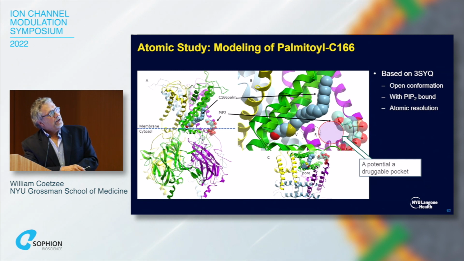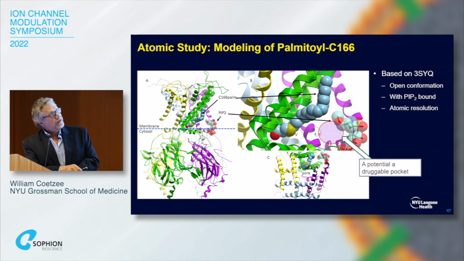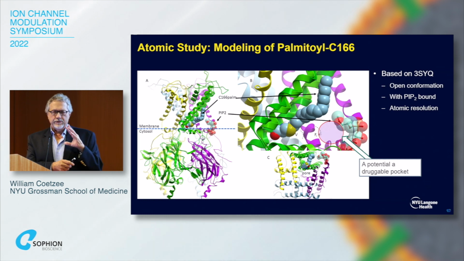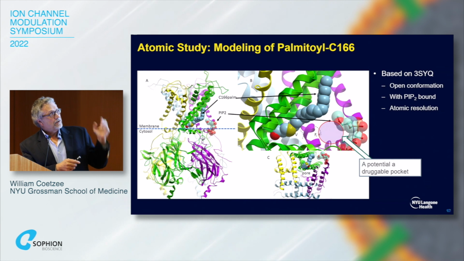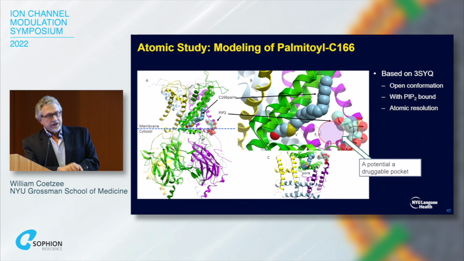And so at the time, there really wasn't a structure for KATP channels, and certainly not in the open state. So Tim has basically made models of the KATP channel, both in the open state and the closed state, and used those models to get a better atomic resolution kind of model.